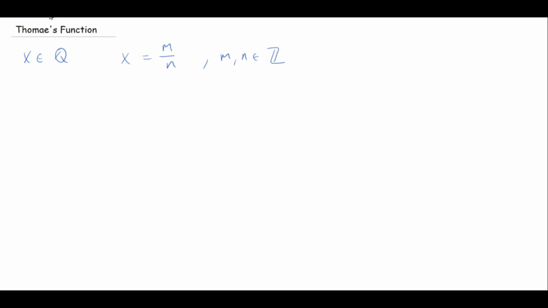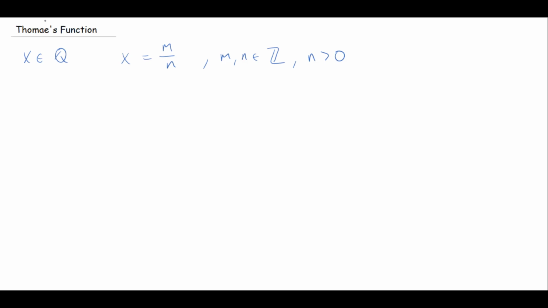Of course, we know that the denominator should be non-zero. But I could always assume that the denominator, let's call it n here, is positive. If x is negative, I can put the negative into the numerator. So I'm going to assume here that n is positive.